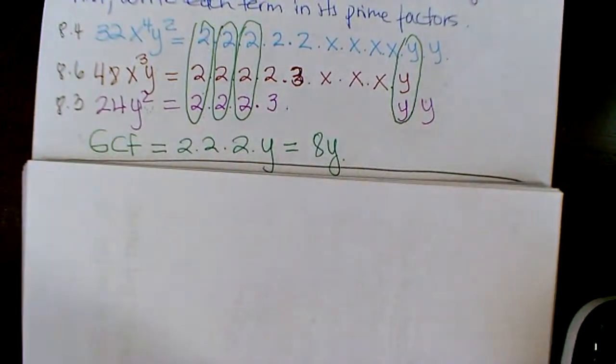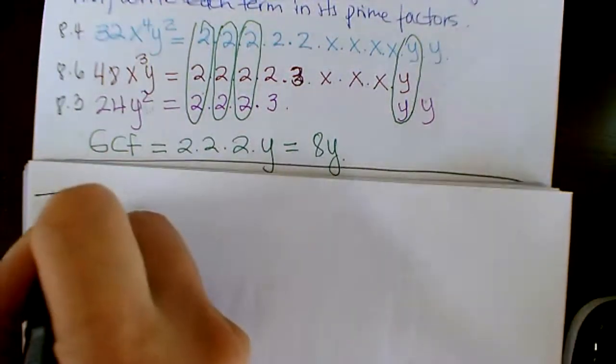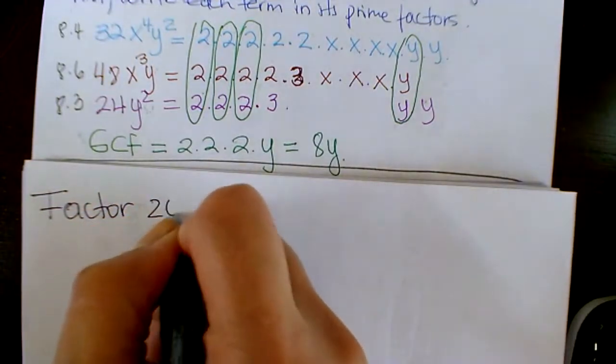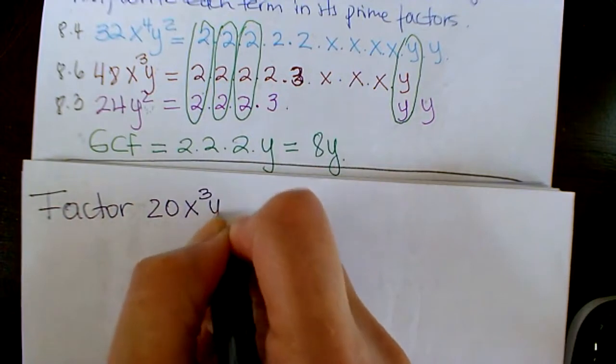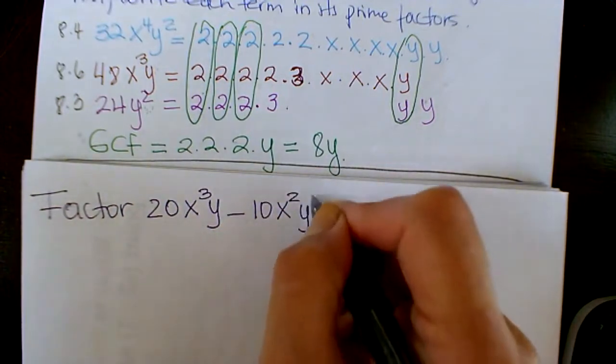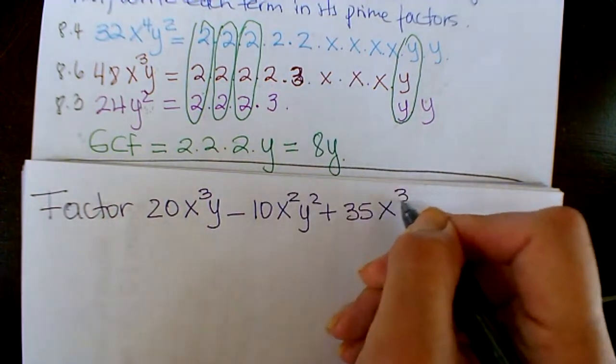This one says, factor 20x cubed y minus 10x squared y squared plus 35x.